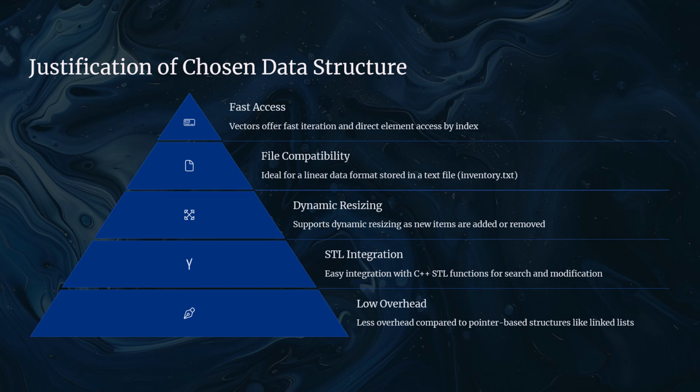Dynamic resizing: vectors resize dynamically as new items are added or removed. STL integration: easy integration with C++ STL functions for search and modification. Low overhead compared to a linked list, that is, less overhead compared to pointer-based structures.